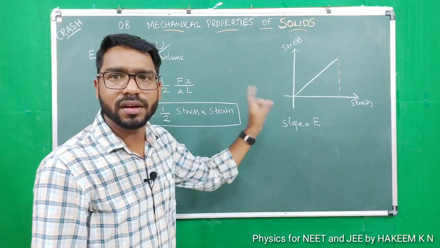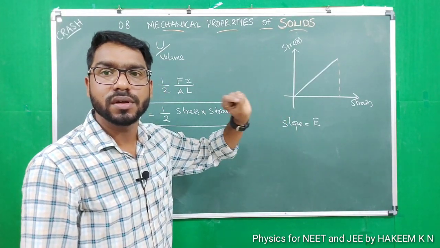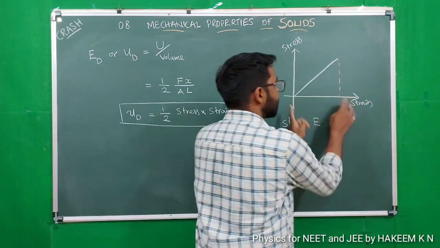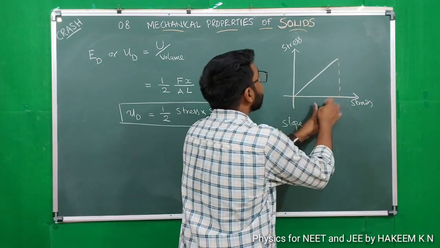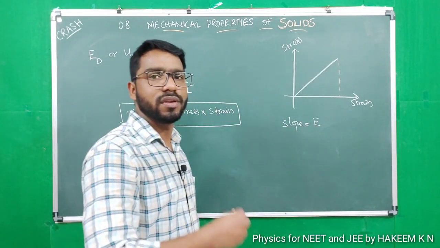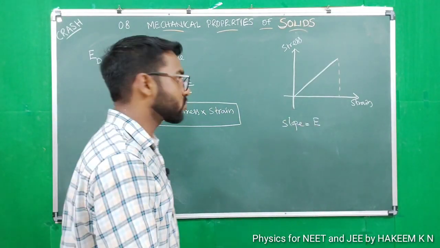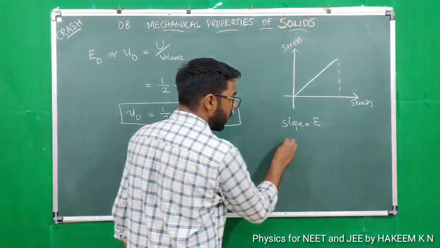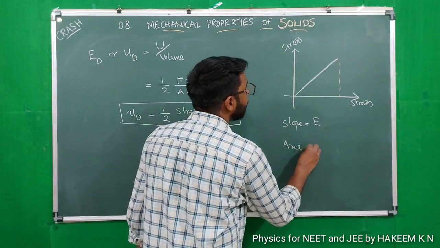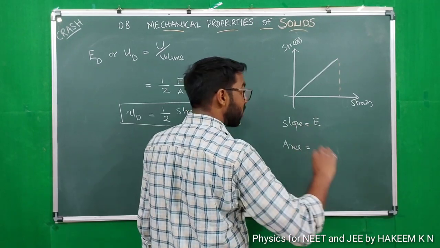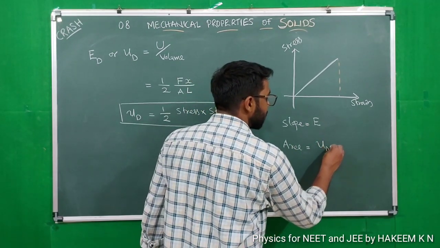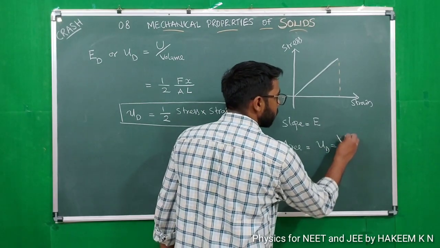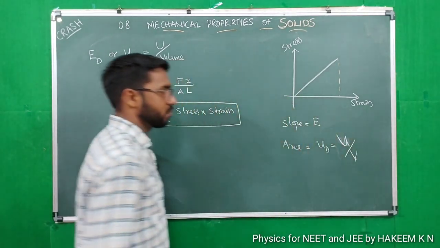What is the area of a triangle? Half into base into height. What is base? Strain. What is height? Stress. Half into stress into strain. What is that? Energy density. So, area under the stress strain graph is energy density or energy by volume, U by V.